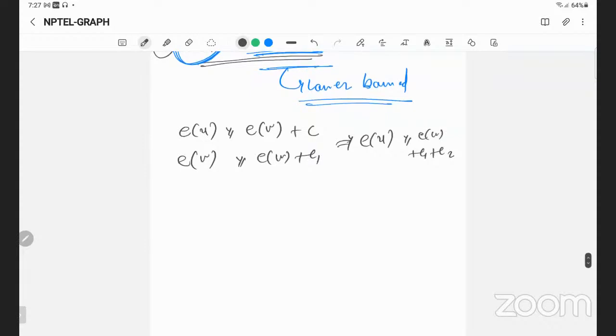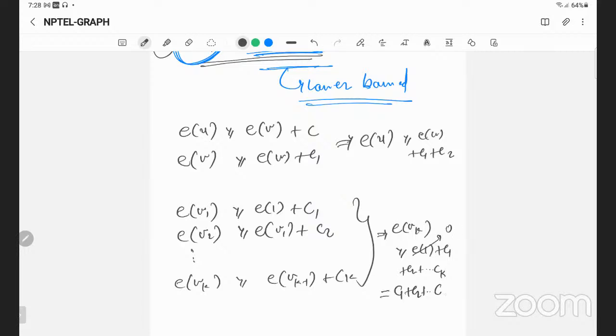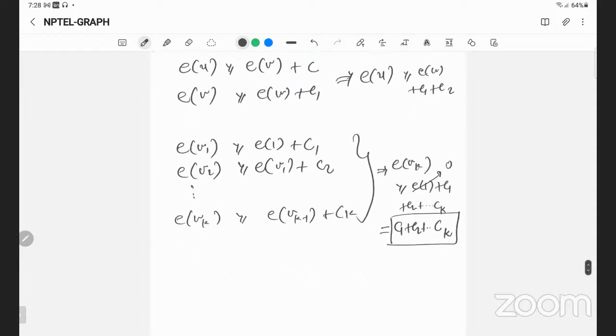So if we have a series of inequalities, EV1 is greater than or equals to E1 plus C1, EV2 is greater than or equals to EV1 plus C2, and EVK is greater than or equals to EVK minus 1 plus CK, you can combine all of them and the resultant inequality will be EVK is greater than or equals to E1 plus C1 plus C2 up to CK, and you can put E1 equals to 0, so it will become C1 plus C2 up to CK. So through this, you'll get the tightest lower bound for this vertex.